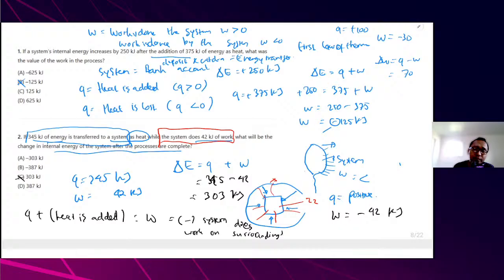It means the energy comes out from the system to the surroundings. So this one is system does work: the system works and gives something to the surroundings. So W will be negative.